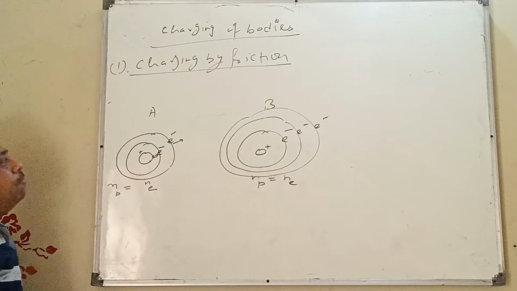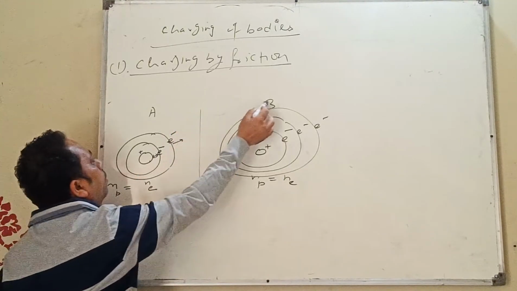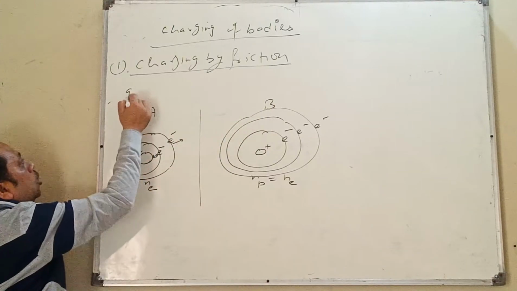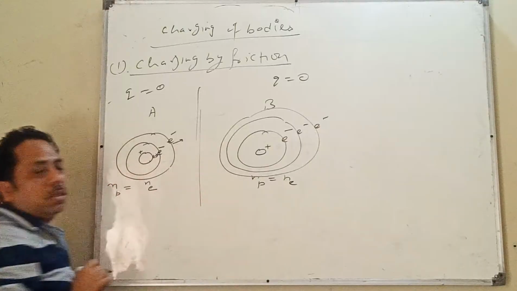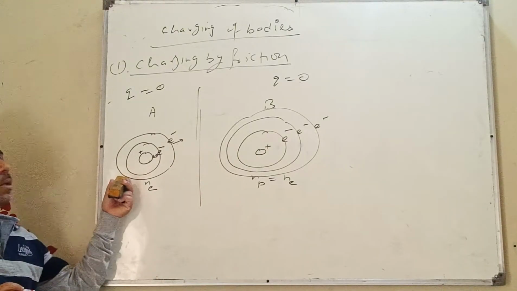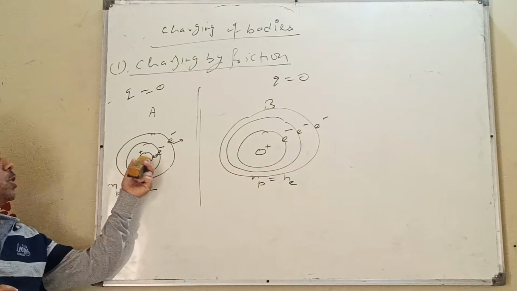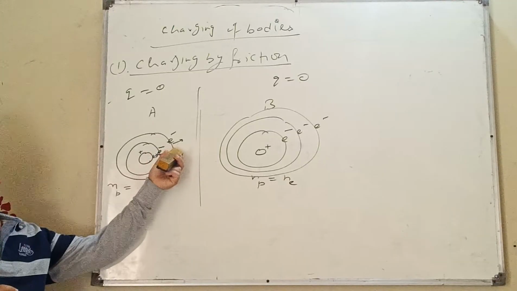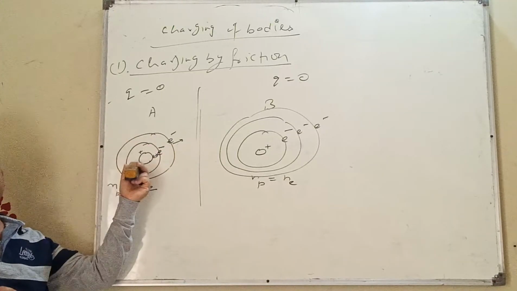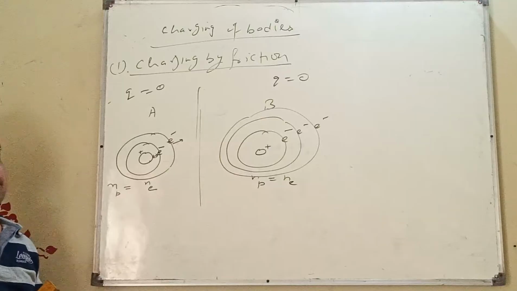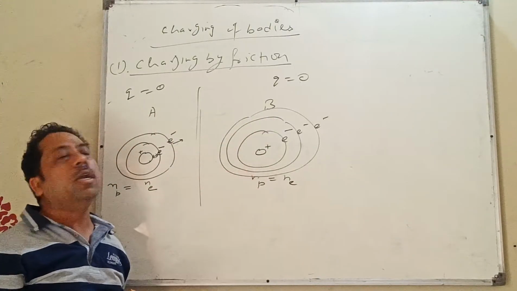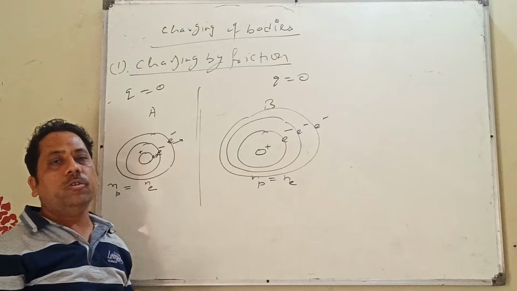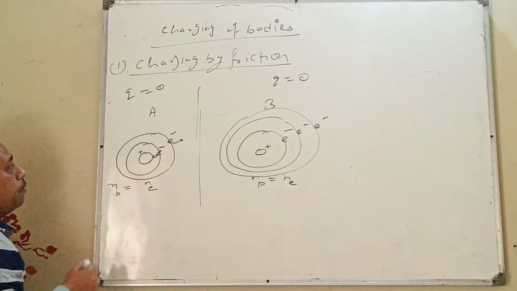So what will happen when we try to rub? Initially the charge on both bodies is zero, because the number of protons inside the nucleus and the number of electrons outside are the same, as both bodies A and B are made of atoms, and atoms as a whole are electrically neutral. But what happens after rubbing?